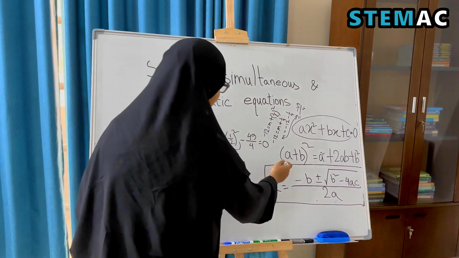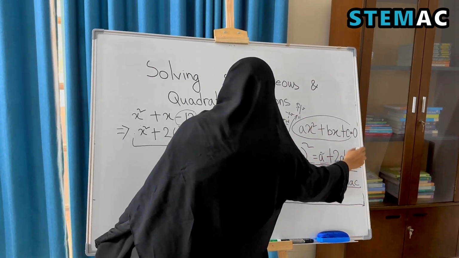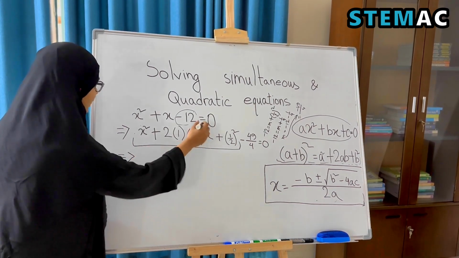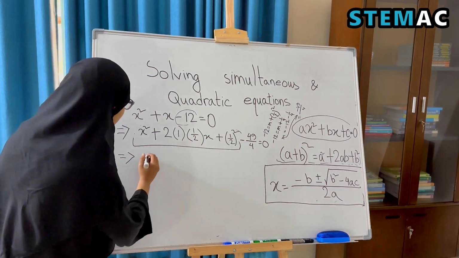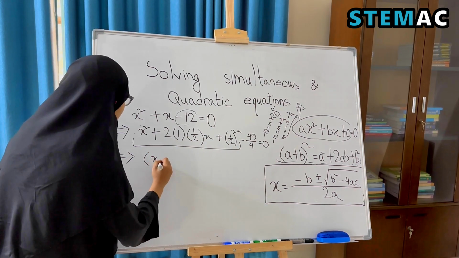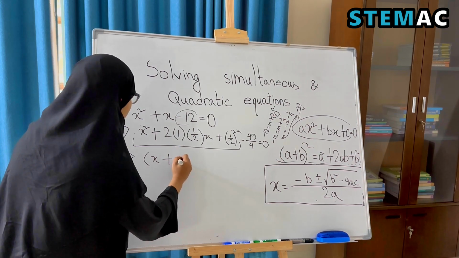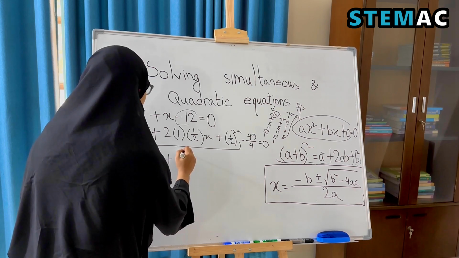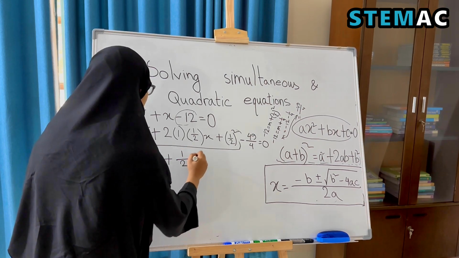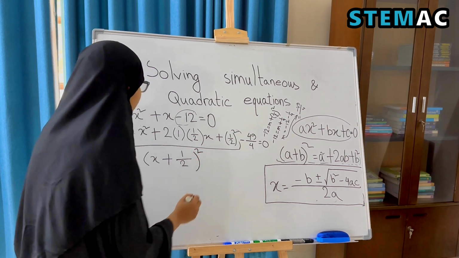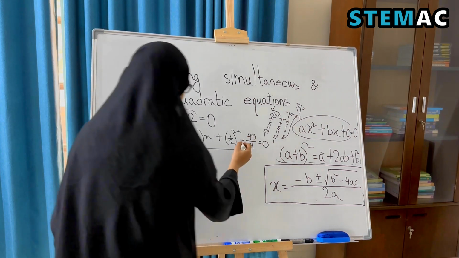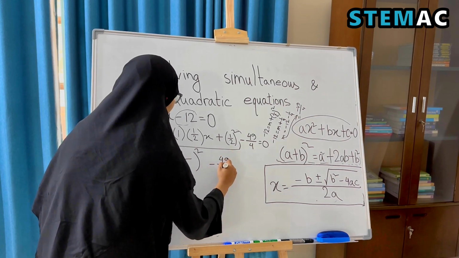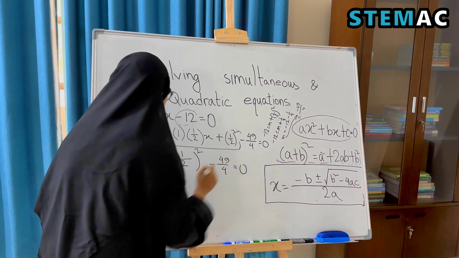This part of the equation is similar to this form, a plus b whole square form. So now we can write this part as x plus 1 by 2 whole square minus 49 by 4 equals 0.